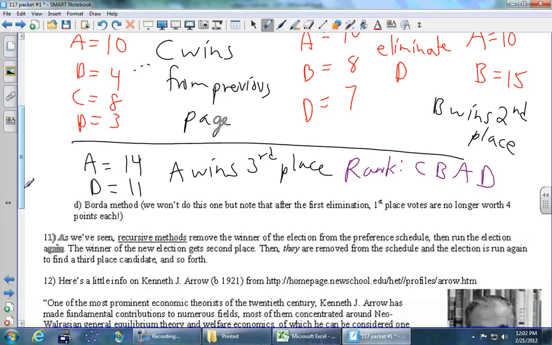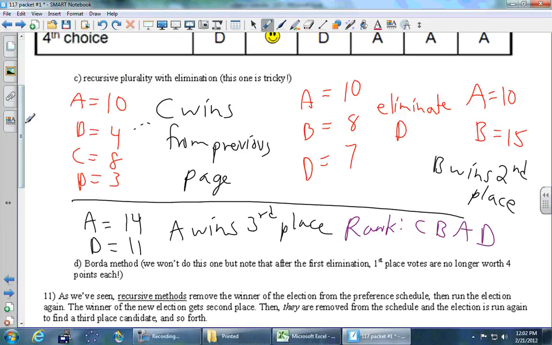Yes, Emma. So we eliminated B to 7, where B was 8. Yes. Because we have these votes, 10, 8, and 7, and it feels like you have your winner. Who's the winner? Feels like A. If we're just doing plurality, you're absolutely right. A is the winner. In order to win plurality, you just need more than anybody else. But in order to win plurality with elimination, you need to have a majority.